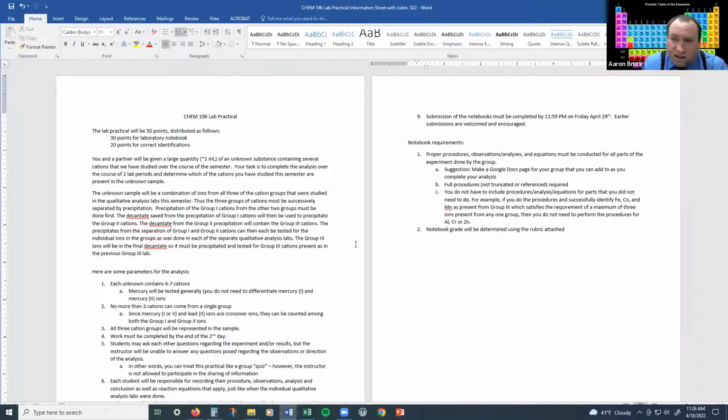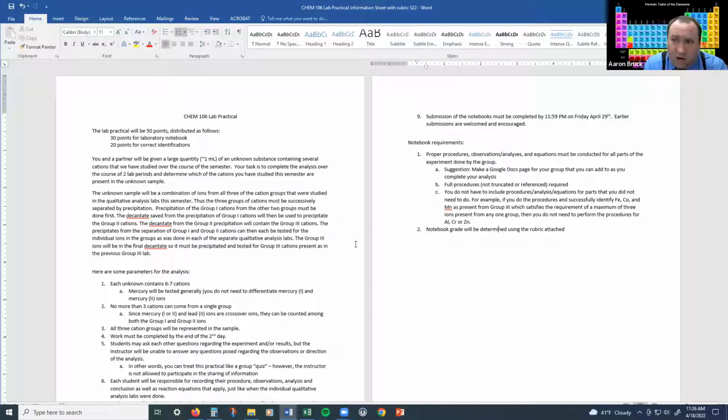And how it works is this: you and your partner will be together. You will get a sample of about 1 milliliter of an unknown substance that is going to have several of the ions that we've studied. Your job as a pair is, over the course of 2 lab periods, to characterize that unknown.